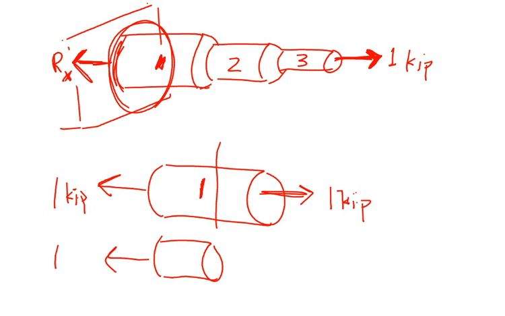Right? What is the force now right in the middle here? It's still one kip. Okay? So you could see, it doesn't matter where I look at segment 1, the force on the right-hand side is always one kip. Okay? So what that means is the internal force in segment 1 is always one kip.